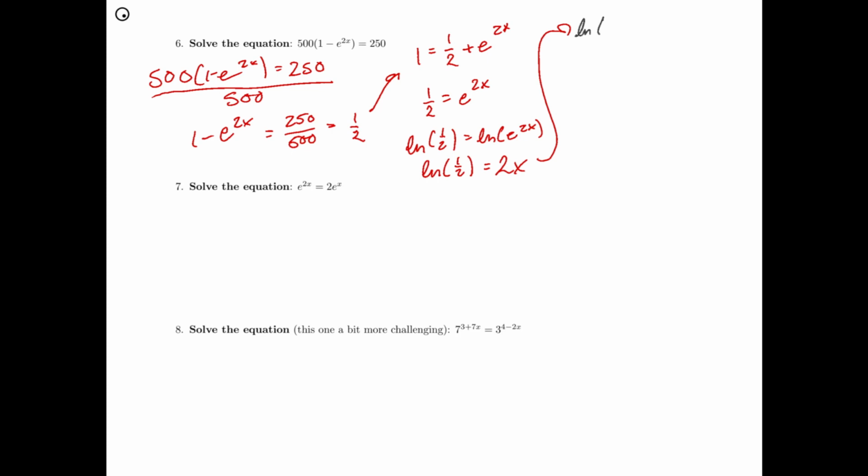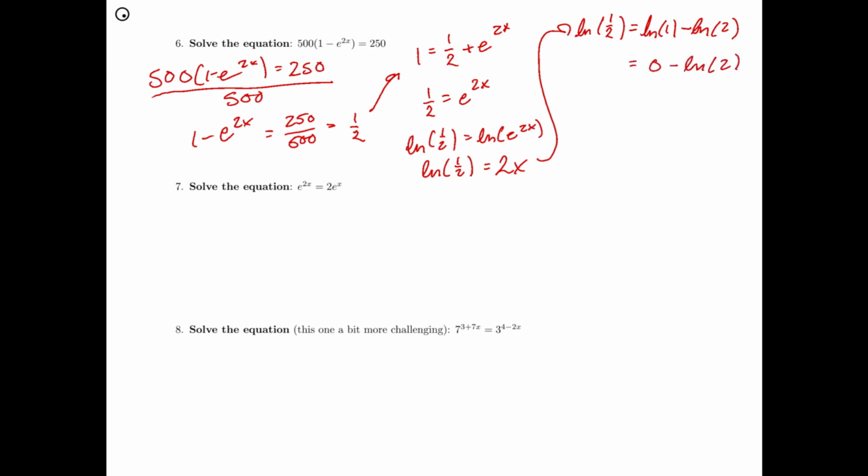Notice that the natural log of 1/2 is going to be equal to the natural log of 1 minus the natural log of 2. And notice from the previous question we went over that the natural log of 1 is going to be 0. So this is also equal to 0 minus the natural log of 2.